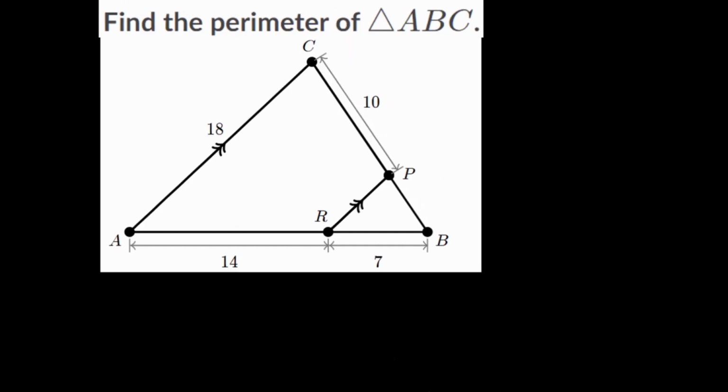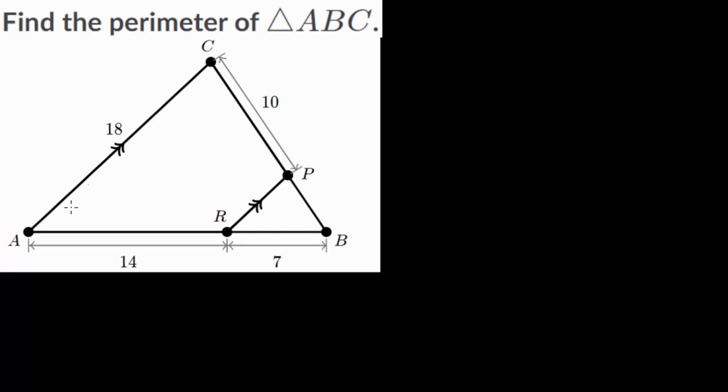And we can start by using some of the information that we were given. Notice that the lines AC and RP are parallel lines, which can be denoted with these arrows here. And with parallel lines, we can know properties about the angles when we split these lines with what's known as a transversal, or in other words, just some line, this line AR, that cuts between the two parallel lines.